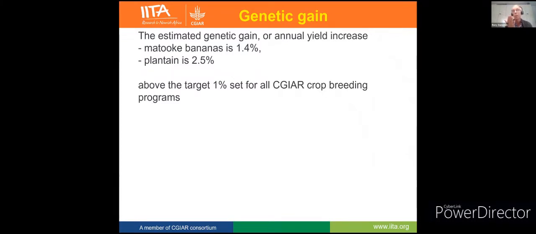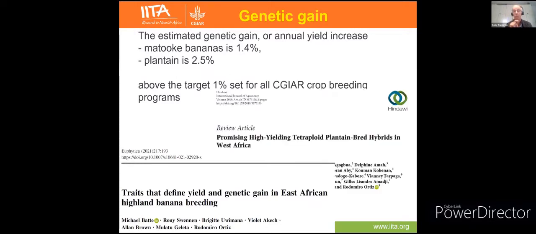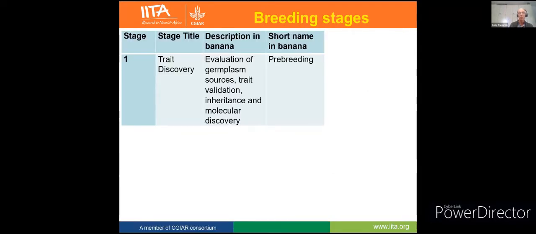So with the bananas, which are, and I'm coming to that, sterile, we're able to go above the targets. We published it a week ago. So on the Musa paper, you see that we are able to get genetic gain and have the data to prove that we are going for 1.4%. And the other publication, 2019, shows in plantain we can go even to 2.5%.